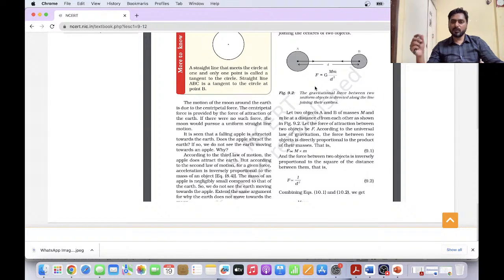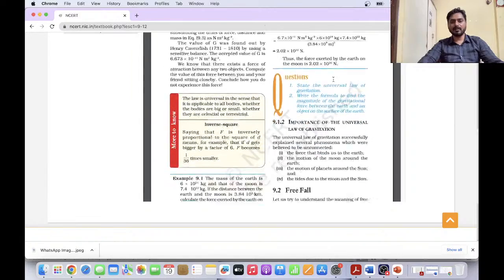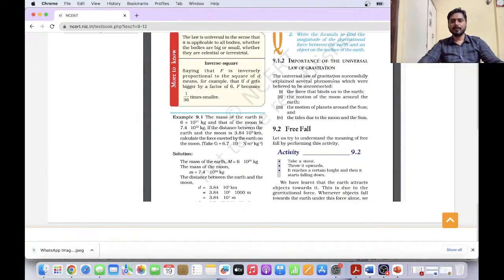So sun is pulling earth towards itself, at the same time earth is also pulling sun towards itself, but the force of gravity by earth on sun is very less, so it is not able to move sun. And it is also saying that it is inversely proportional to the distance between them. So the more the distance between the objects, the less the force of gravity. So that is the basic idea in the gravity chapter.